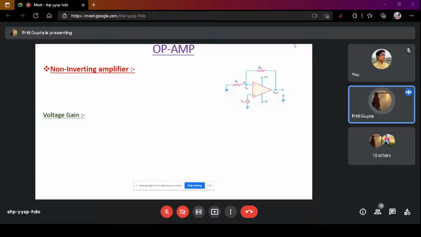We have given the input signal to the positive terminal and the negative terminal is grounded, but the feedback path is negative. So this amplifier is also operating under a negative feedback path.